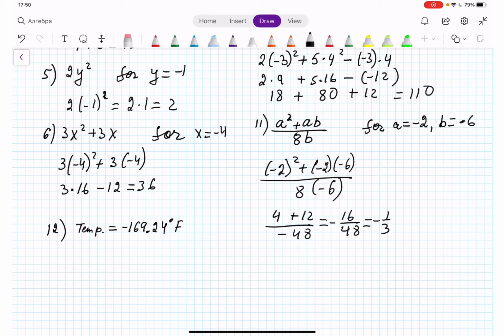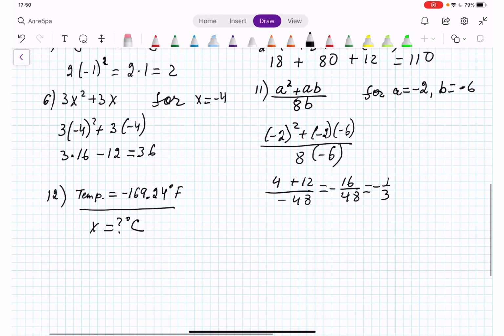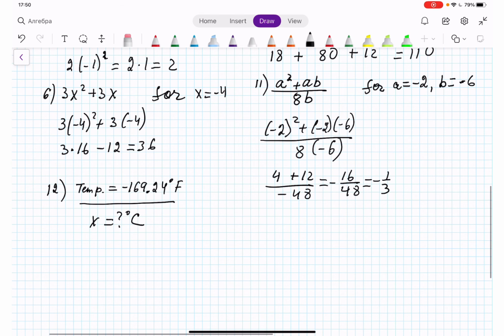So we need to convert into Celsius. This is Fahrenheit, and we need to convert into Celsius. Okay? So here is a formula. C Celsius is equal 5/9 Fahrenheit minus 32.